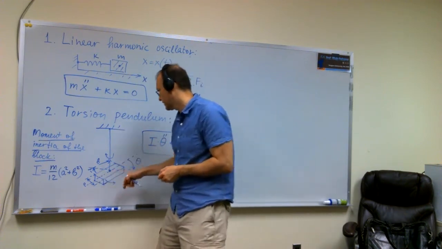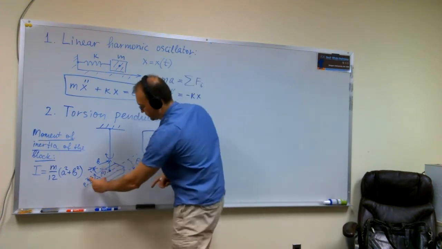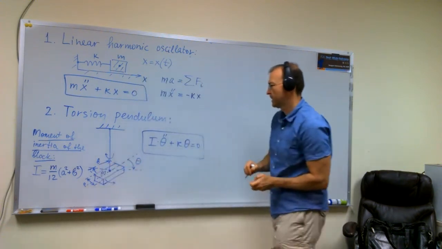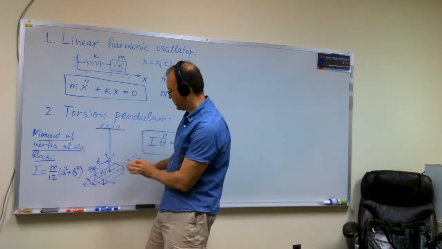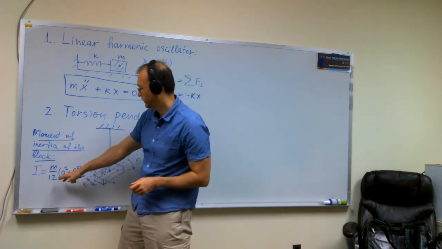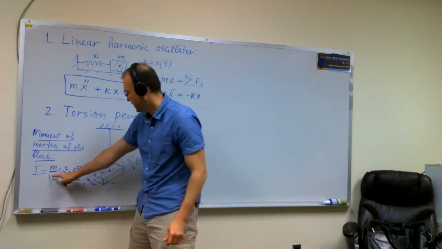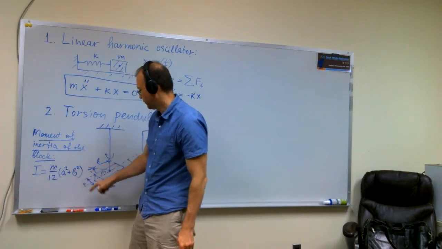So the block has a mass m and these dimensions, the width a and the length b. So we were saying that this block can be characterized by its moment of inertia, I, which for this shape is m over 12 times a squared plus b squared, right?